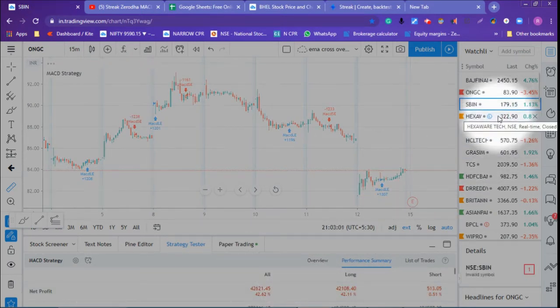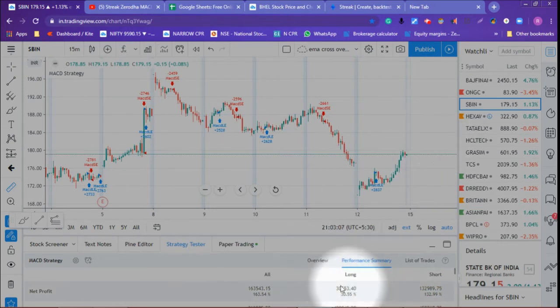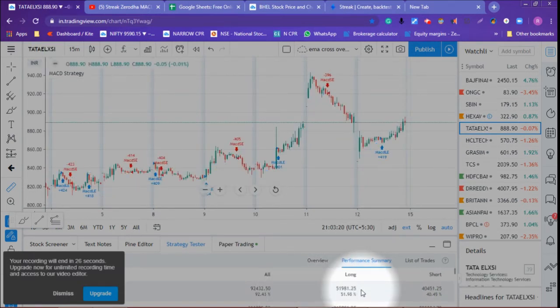Like I went to the SBI chart, and it takes a little time for calculation of how much profit it would have given if you applied entry and exit in the particular strategy. For some of the stocks it gives a negative value, so you should not use that strategy on that particular stock.